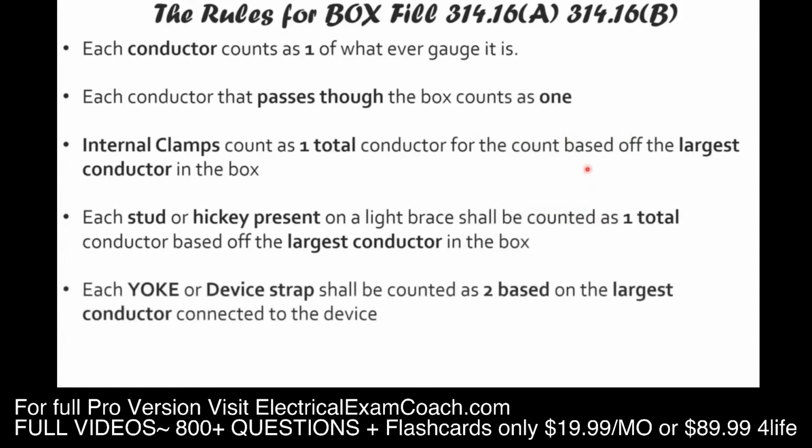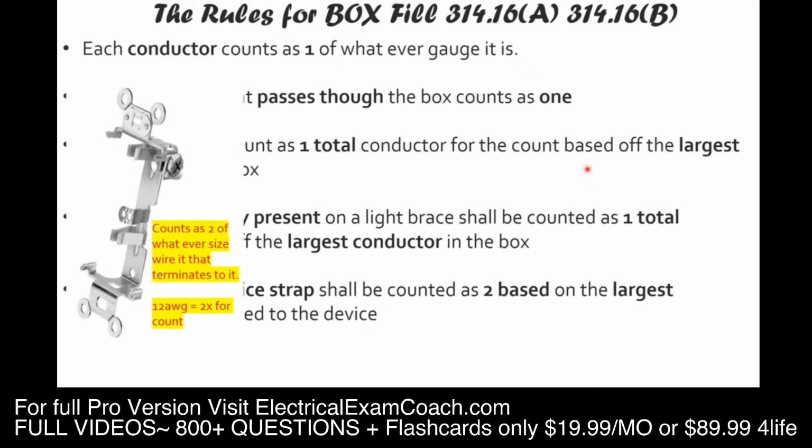Now we need to account for device straps and yokes. What the code states is that for each device strap or yoke, it's going to be counted as 2 based off the largest conductor that's connected to the device. As we learned earlier in the program, this is a device yoke or what we call a device strap. So each one of those, and how I like to think about it, is each gang of a box.